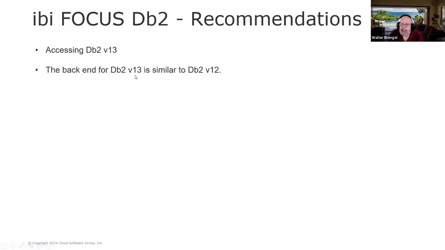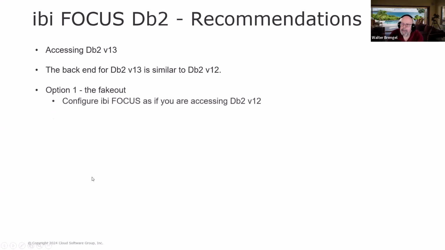Because the back end of DB2 v13 is similar to DB2 v12, so there's not really much that changed between DB2 v12 and DB2 v13. It allows us to do these two options. So option one, I call the fake out. So you configure IBI focus as if you're accessing DB2 v12.